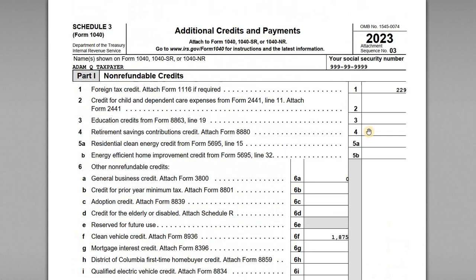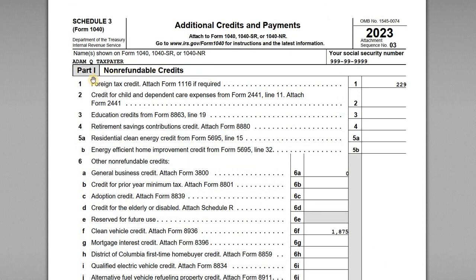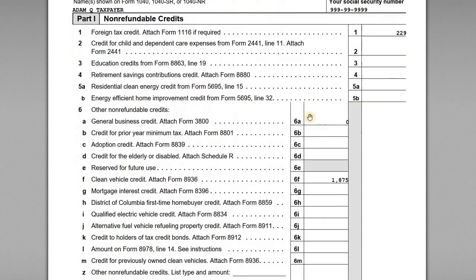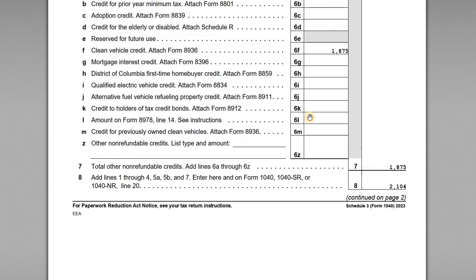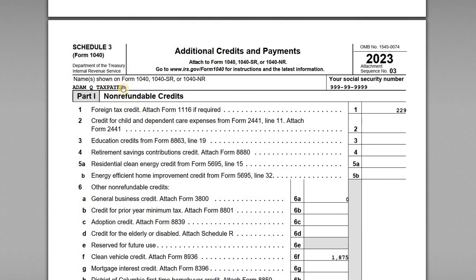Not a lot of items on here, but I think what's important to note is that when we talk about tax credits, non-refundable credits generally means that the credit can be used to offset your tax liability dollar for dollar, but it will not be able to give you a refund beyond zero.